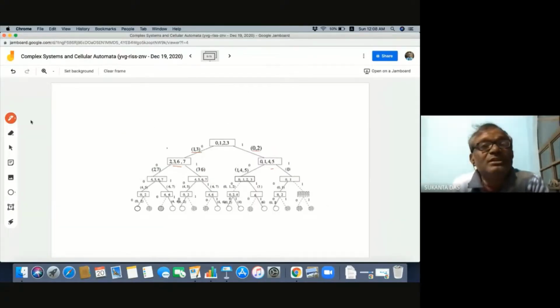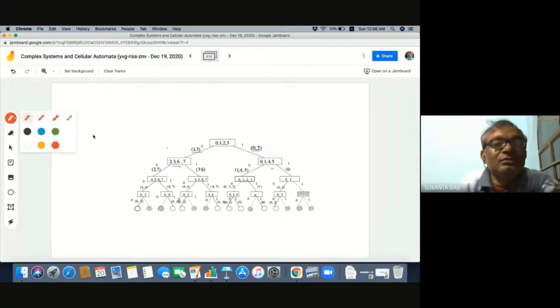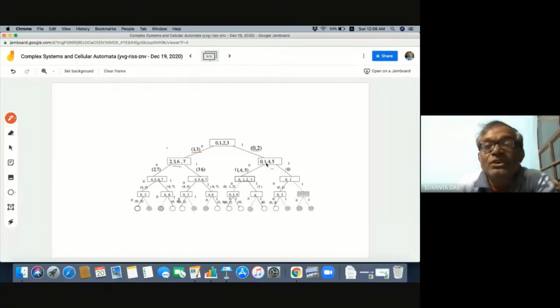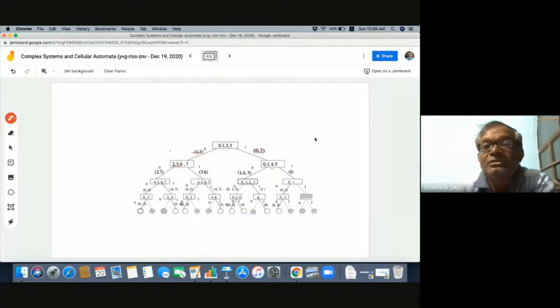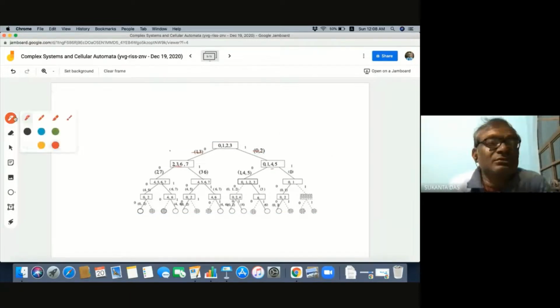Here, what is the value of i? Here i equal to 0.